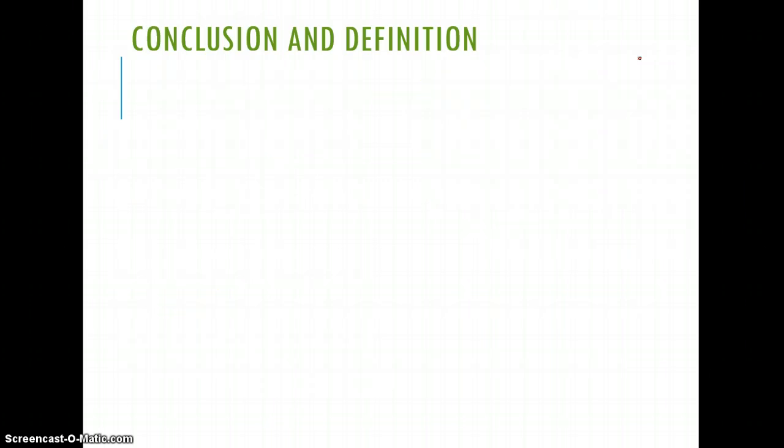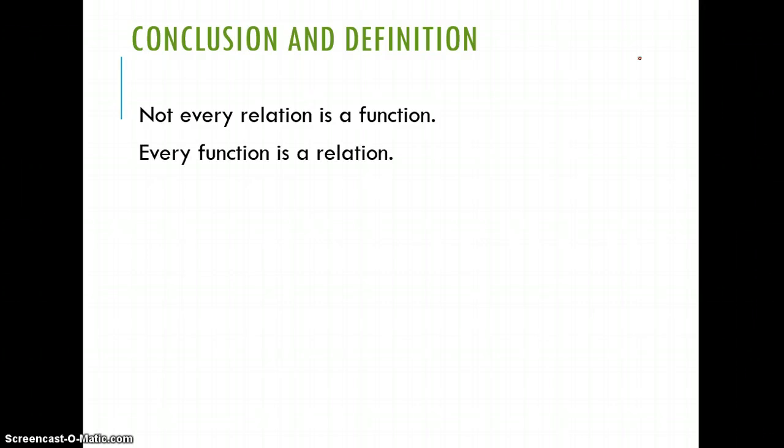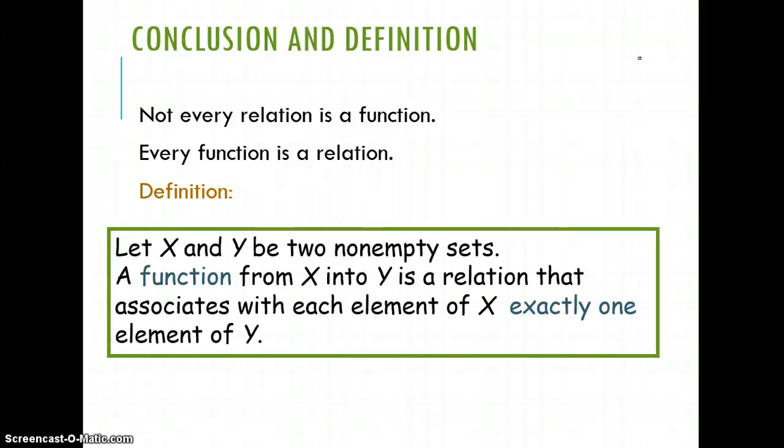So this is the conclusion and the definition. Not every relation is a function, but every function is a relation. So the definition might be: let x and y be two non-empty sets. A function from x into y is a relation that associates with each element of x exactly one element of y.